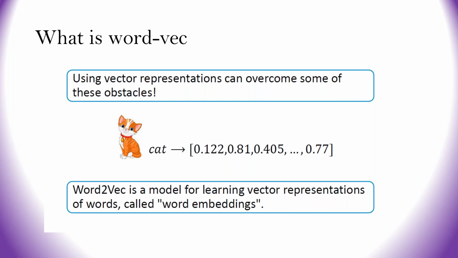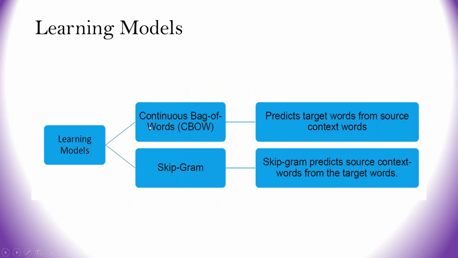For word to vector, we have the continuous bag of words model and skipgram. The continuous bag of words model allows us to predict target words from the source context words. It is like filling in the blanks: if one word is missing, are we able to predict it?